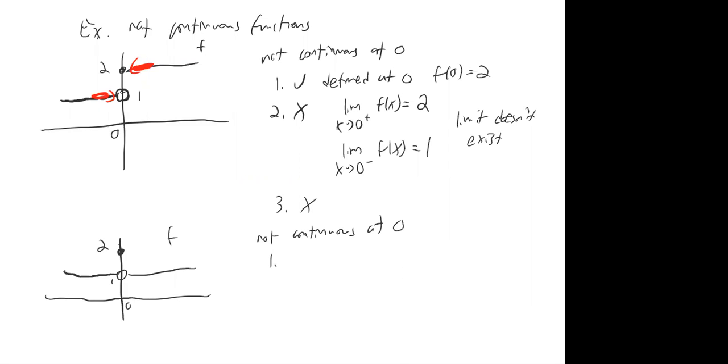So 1 is certainly true, right? F of 0 is 2. I'm defining it to be 2 at 0. Now, do limits exist? In this case, it does, because the limit as x goes to 0 from the right is 1, and the limit as x goes to 0 from the left is 1.